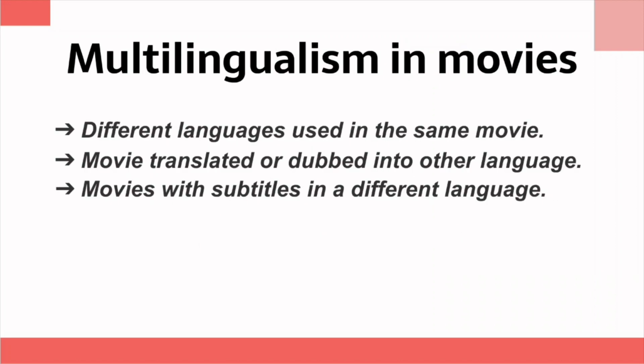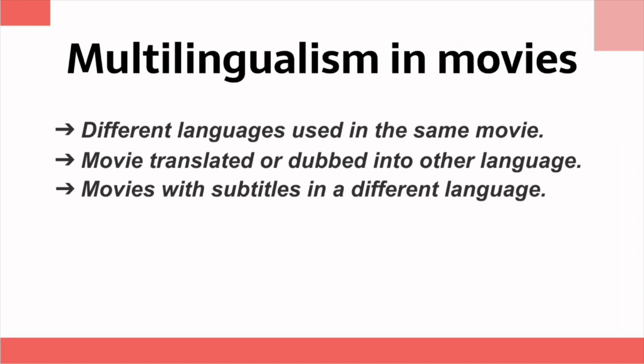Here, multilingualism means any of these given points: different languages used in the same movie, or a movie translated or dubbed into other languages, or movies with subtitles in a different language. For the present activity, consider criteria 1, that is the use of different languages in the same movie.